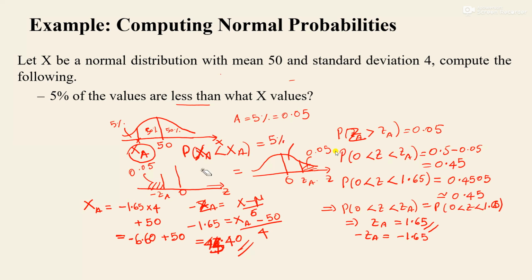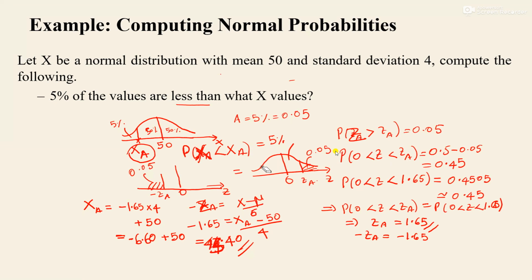That is the probability they give. What percentage of X values are less than XA? That is 5%. So now we know the area probability.